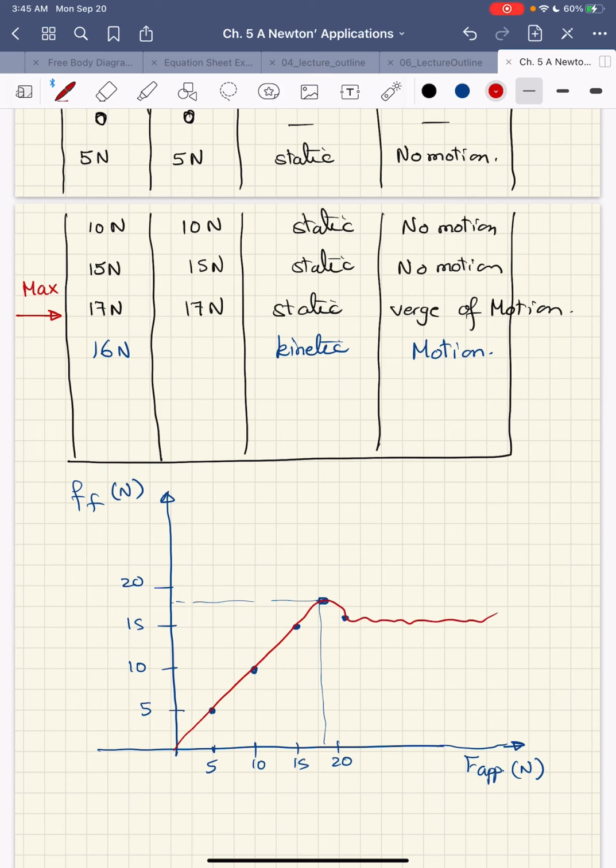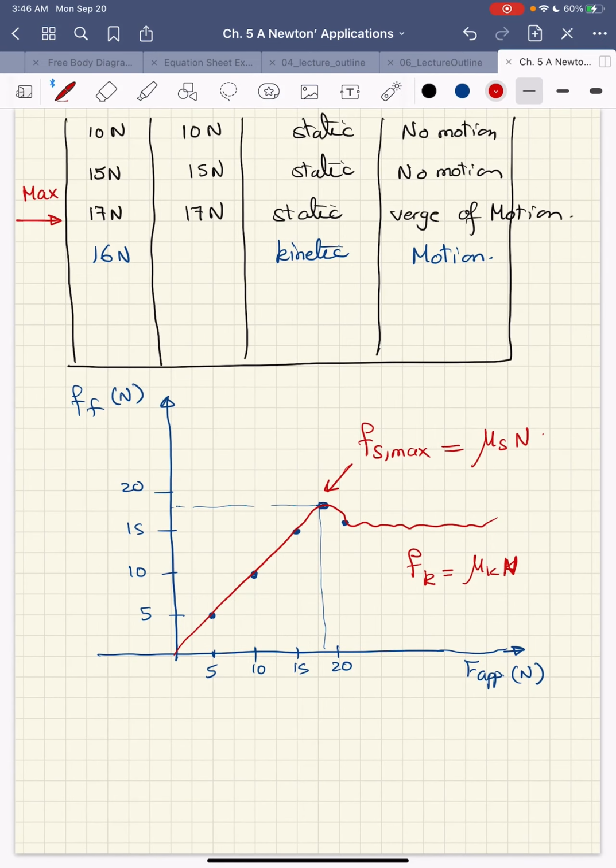Okay, now here, this is, we call it Fs maximum, static maximum, and that is mu s times the normal, and here we call this Fk, and that is mu k times the normal. Now, what does that mean?